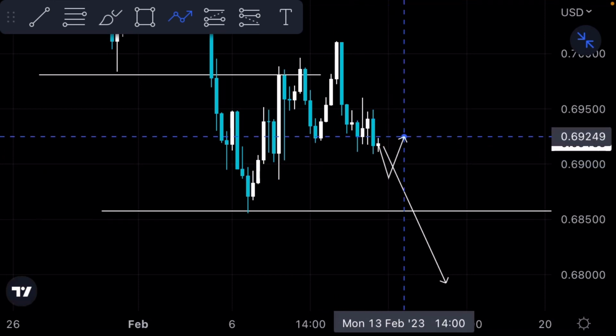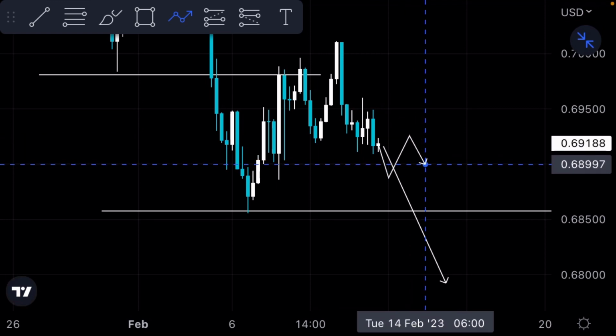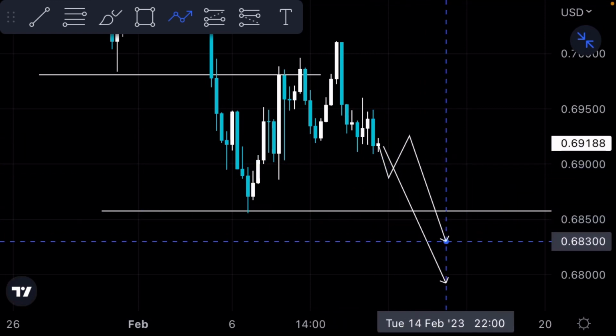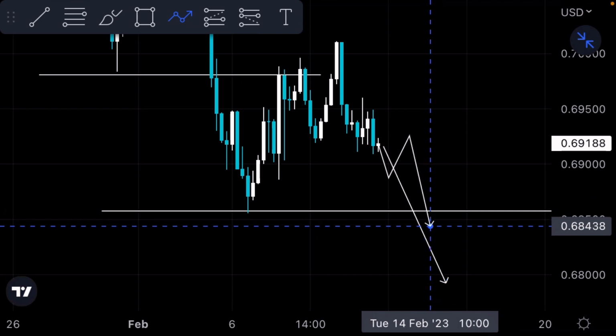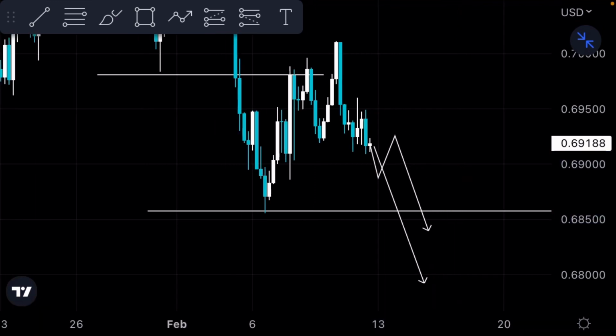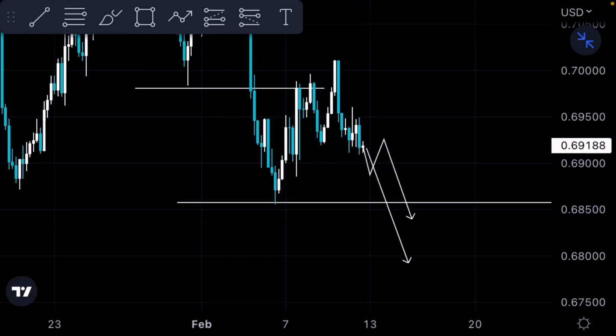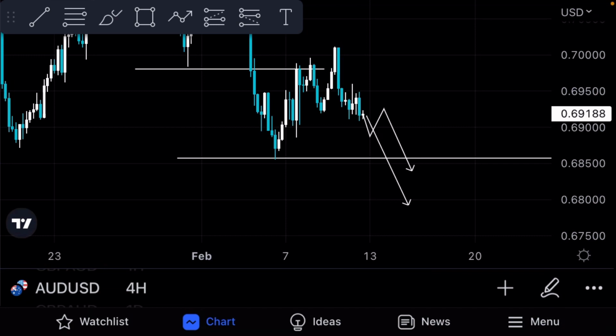Once we keep selling on the 4 hour chart, if we see price drop and start to drop, then overall we are going to drop and break this level, and that will indicate bearishness.